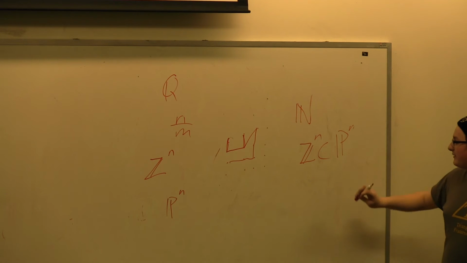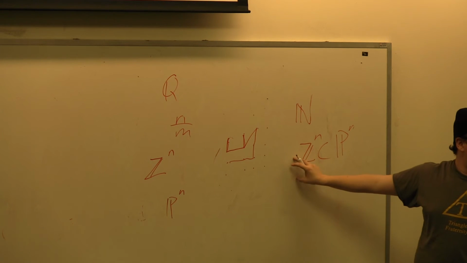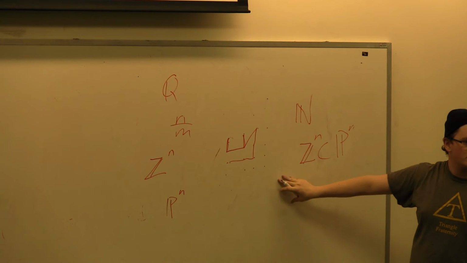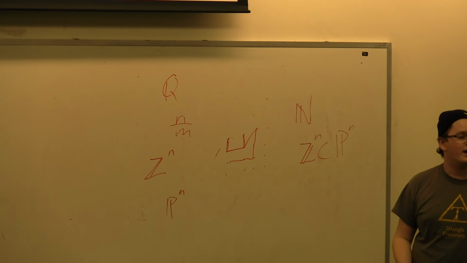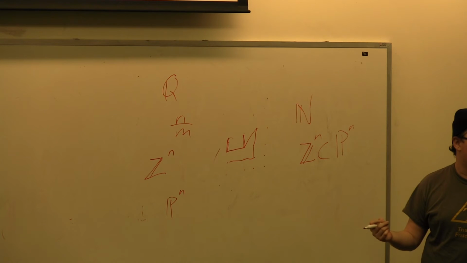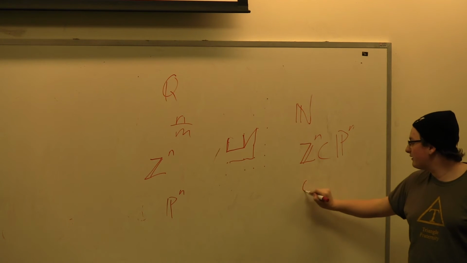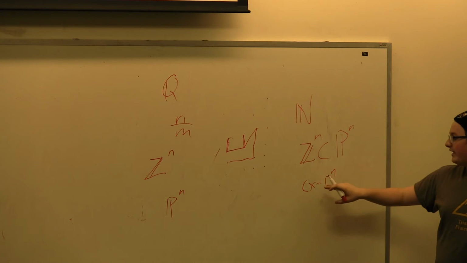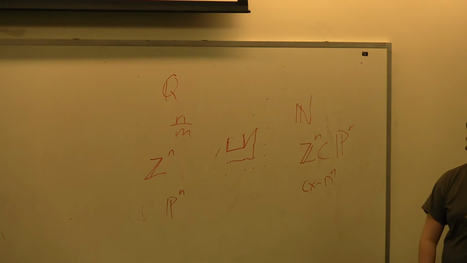Now, each vector in Z^n will have at most n roots. Well, it will have n roots up to multiplicity. So it could be something like (x minus 1)^n, which has n roots, but they're all x equals 1.